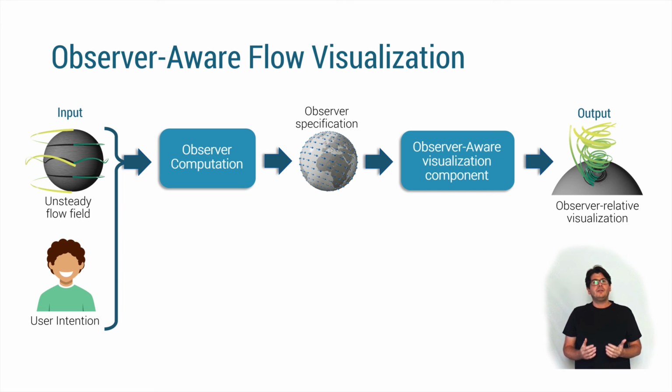We assumed that we want to generate a feature-centric visualization. So the question is, which other user intentions would lead to a meaningful specification of the observer and, as a consequence, result in novel use cases of observer relative visualization? This is one of the open research directions that we would like to investigate in the future.